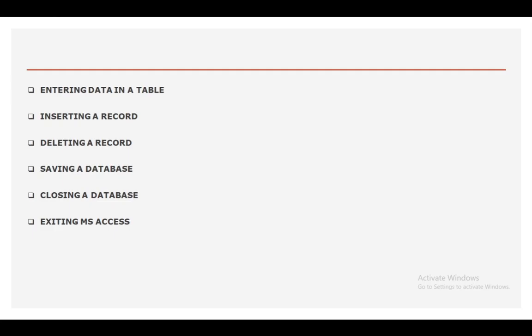The next concept is entering data in a table. After finalizing the structure of a table in the design view, if you want to enter data in it, then you need to open it in the datasheet view. For entering data in a table, follow the steps.